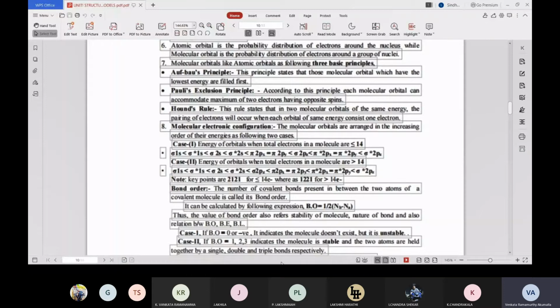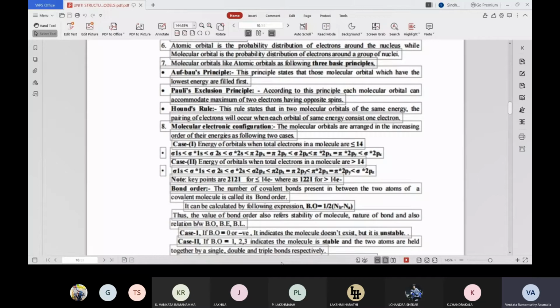Next, the value of bond order also indicates the stability of molecules and nature of bond. Case 1: if bond order is equal to 0 or negative, it indicates the molecule does not exist, it is unstable.